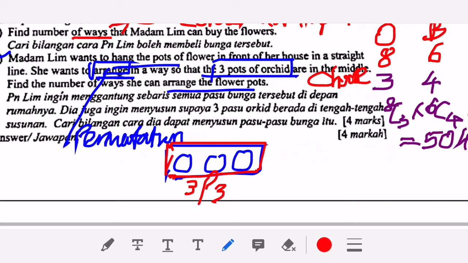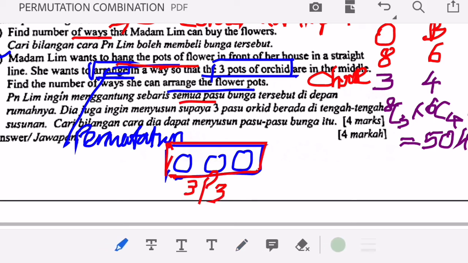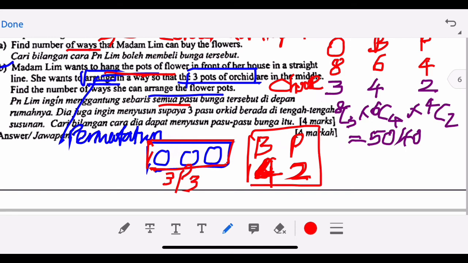The number of ways to arrange 6 objects is 6P6, because Madam Lim wants to arrange all the flower pots, isn't it? So basically, arrange the 6 pots of flowers first, which is 6P6, then multiply by 3P3, right?